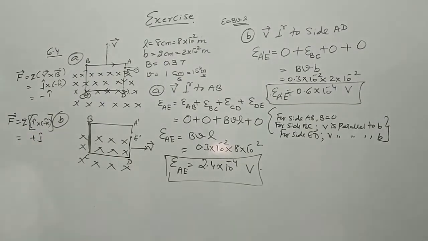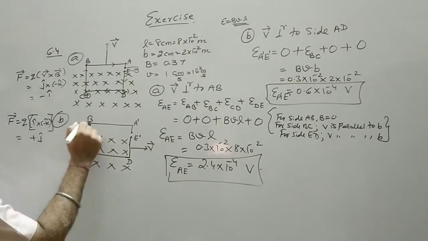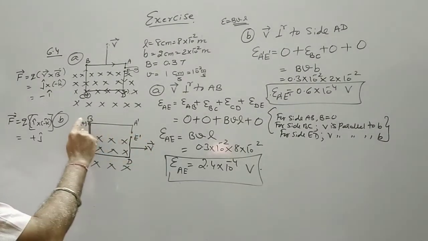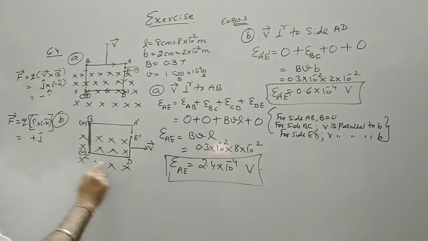So all the electrons will be along the negative Z axis. So this C becomes negative and B becomes positive. So this is the polarity of points B and C. So again, if we connect a bulb here, the circuit is completed. So current will flow in the direction B, A dash, D, C like this.